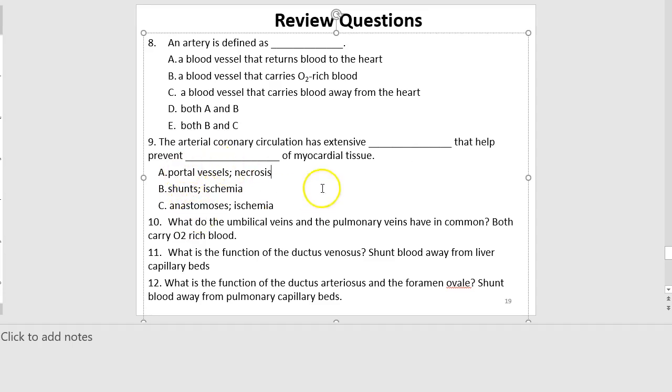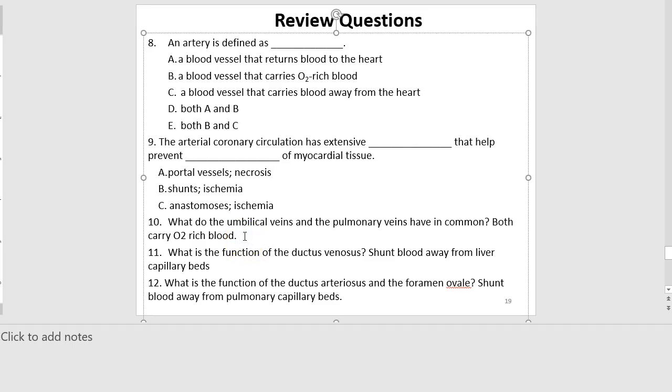One of those 3 helps prevent something in myocardial tissue. Does a portal vessel help prevent necrosis of the myocardial tissue? Or B, does a shunt help prevent ischemia in myocardial tissue? Or C, do anastomoses help prevent ischemia of myocardial tissue? Again, we'll look at the answer in a second.